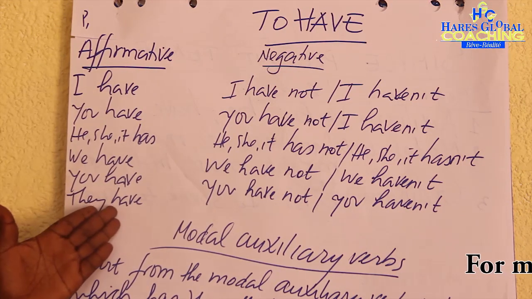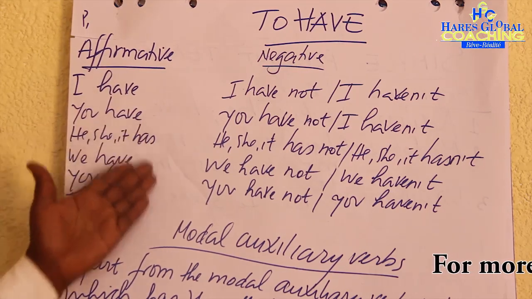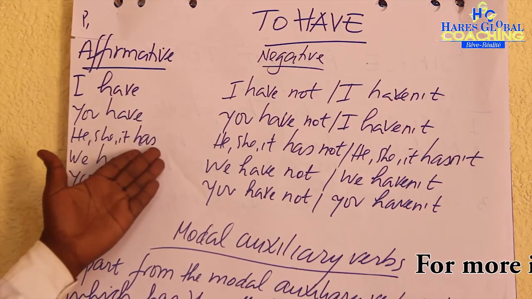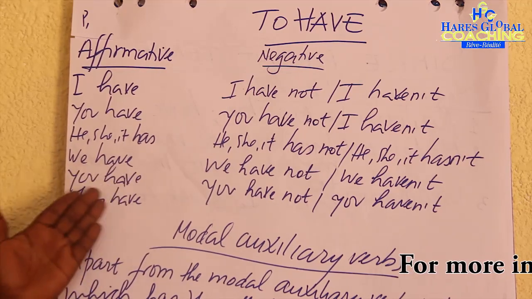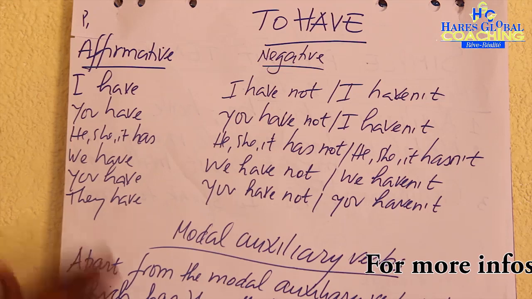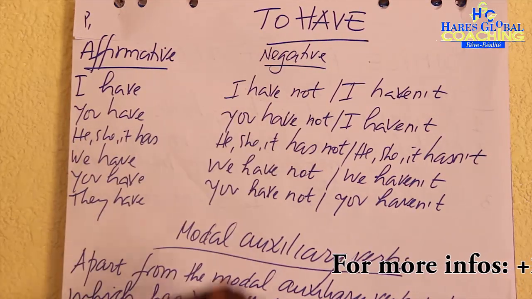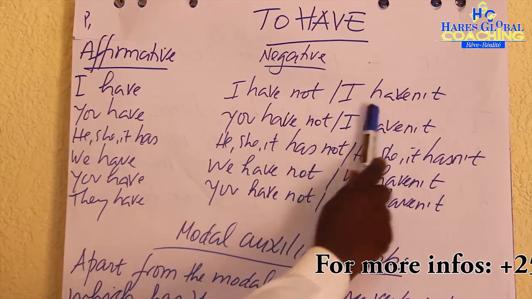Auxiliary to have. Affirmative. We have I have, you have, he, she, it has, we have, you have, and they have. In negative, you say I have not, or I haven't.